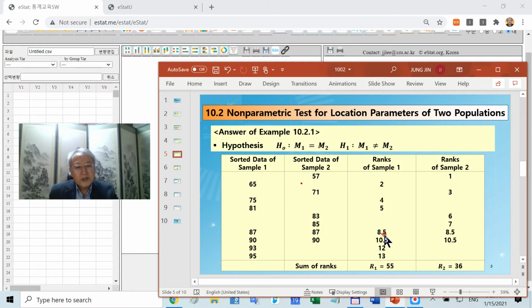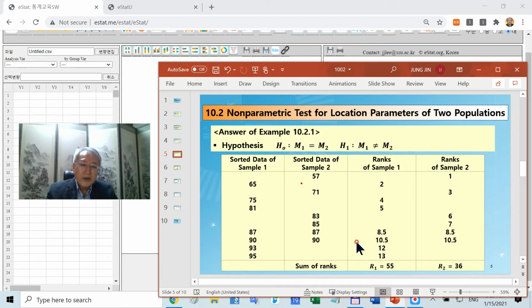Therefore, you give them ranks 8 and 9, and take the average of them, 8.5 each. Then ranks 10 and 11 also have a tie, so you give the averaged rank. Then 12 and 13.